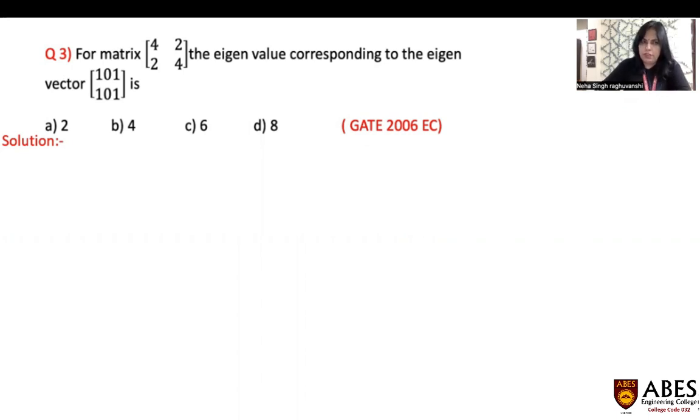Matrix is given, vector is given, we need to find the eigenvalue. What can we do? Here you need to know the equation which has 3 elements, that is matrix, eigenvalue and eigenvector. This equation is this one.